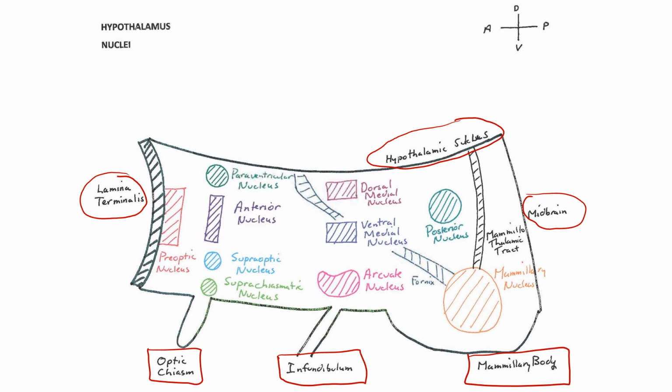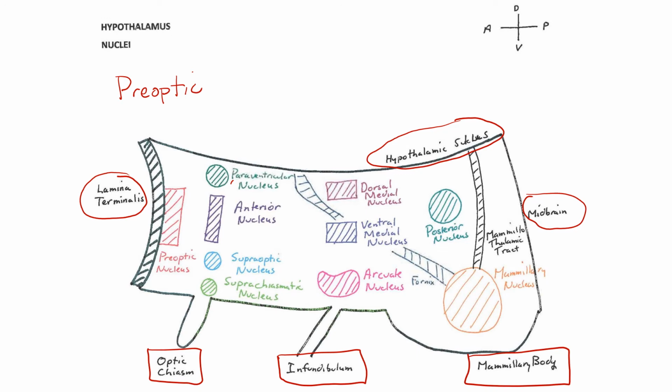From here, we can look at a sagittal view of the hypothalamus and identify the nuclei that make up this area of the central nervous system. And what we are going to do is divide these nuclei into four groups. And this will just help us with bookkeeping and so that we can talk about these nuclei. So from anterior to posterior, our first group of nuclei is called the preoptic group.